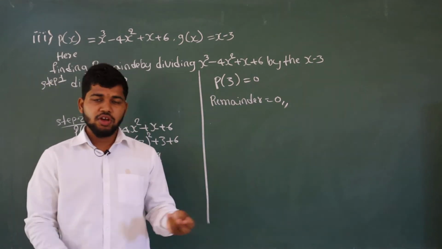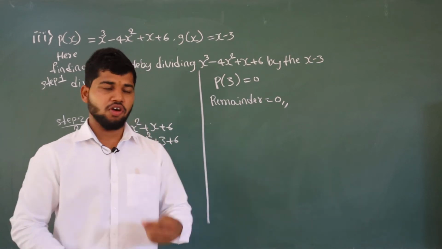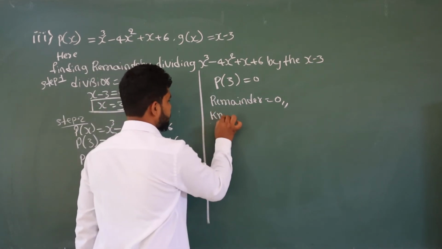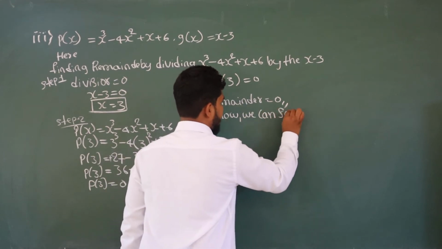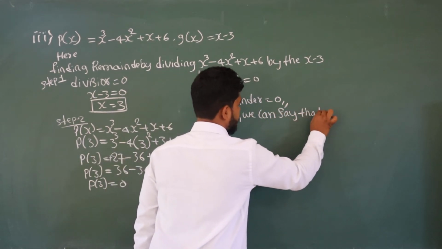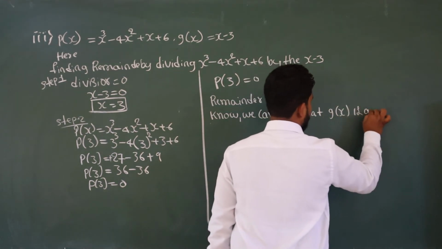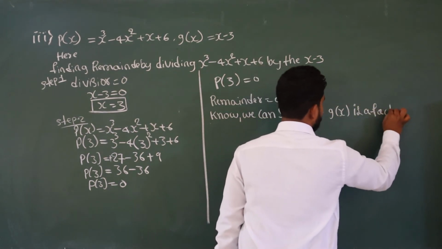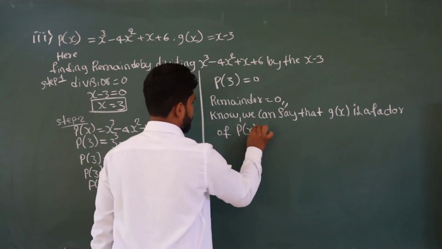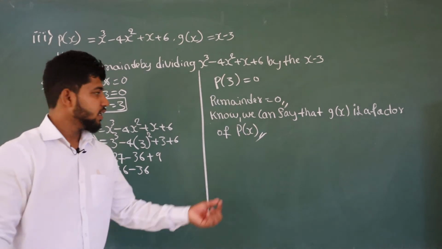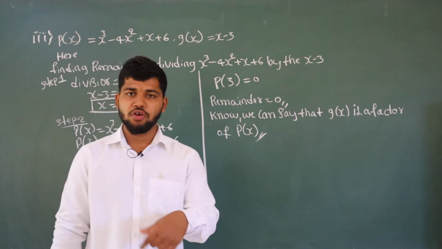Now we got the remainder. When we get the remainder exactly 0, then we can say that g of x is a factor of p of x. How can we say that g of x is a factor of p of x?